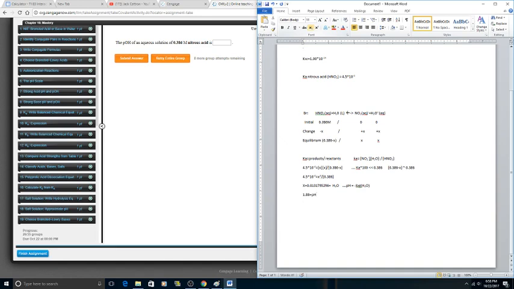And then once we get that, remember that pH plus pOH is equal to 14. Therefore, pOH is equal to 14 minus 1.88 equals 12.12.